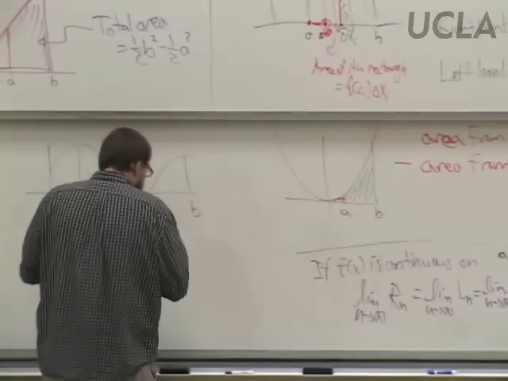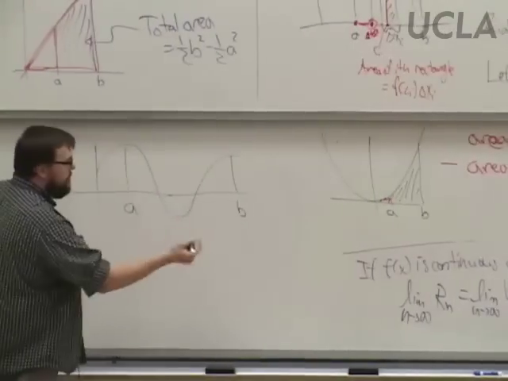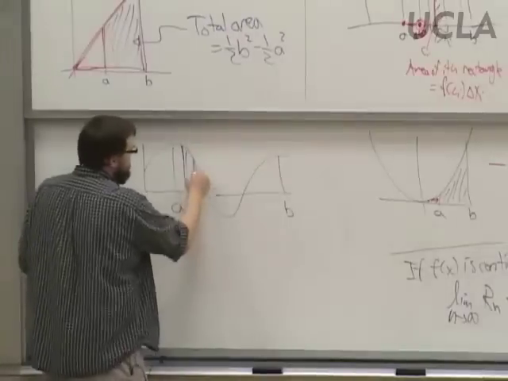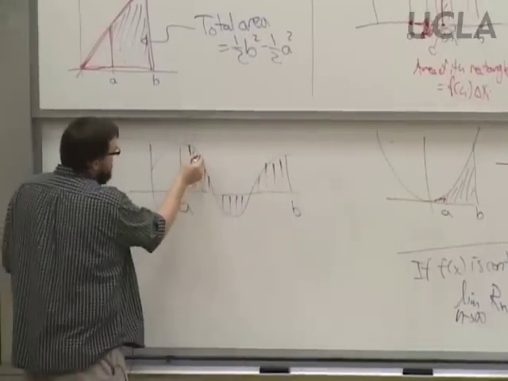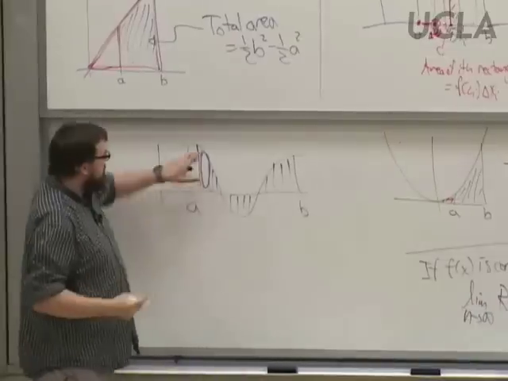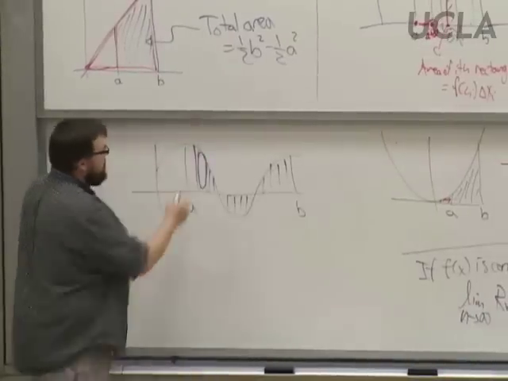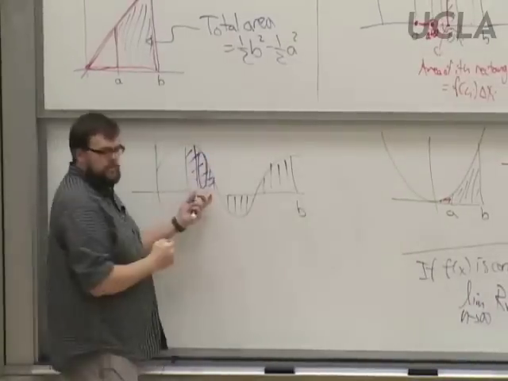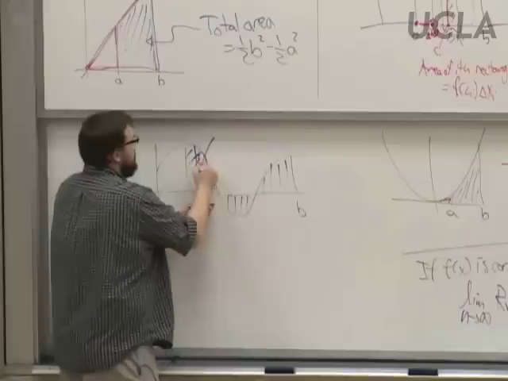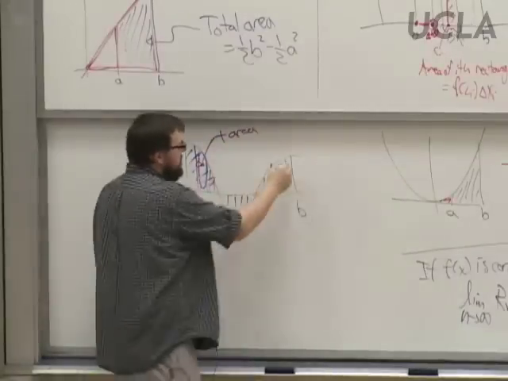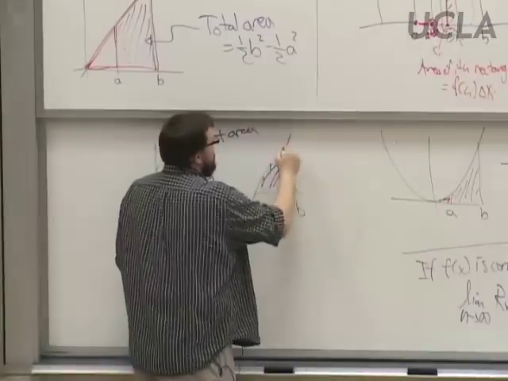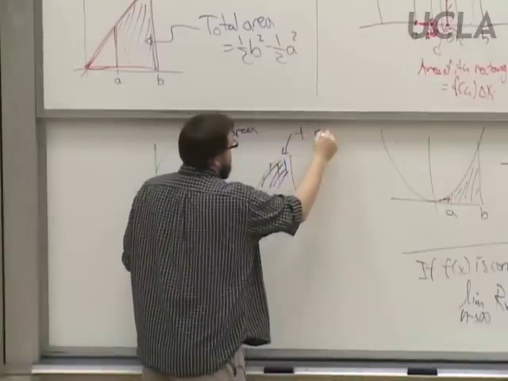Well, the way that this is going to work is if I think about what's happening to the Riemann sum, I'm chopping into little pieces here. And if I look at one of these rectangles, it's approximately the height times the width. So this is going to have positive values when I look at the little rectangles in here. So this is going to be positive area. Similarly, if I look at rectangles in here, again, same thing, positive area.